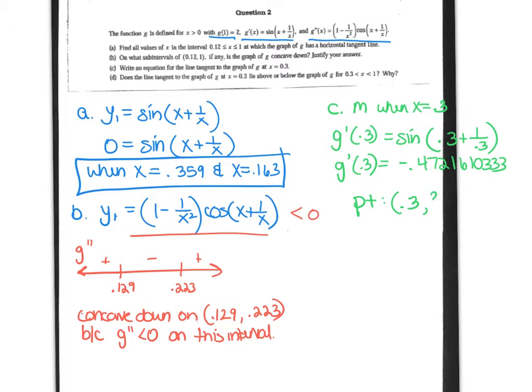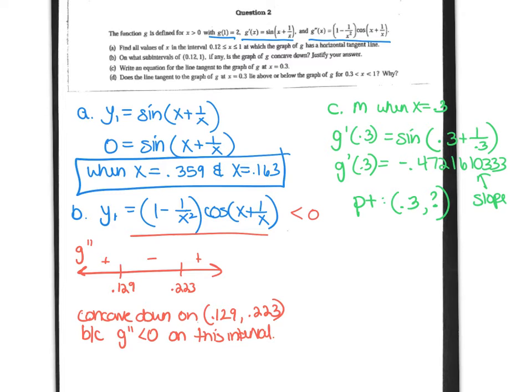But we don't know our y, okay? So again, this is our slope. So what we're going to use is our first fundamental theorem of calculus, because we're not given our original function. All we're given is the point g of 1 equals 2, okay?